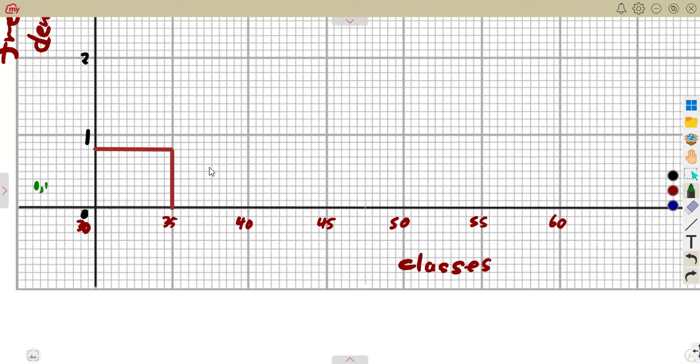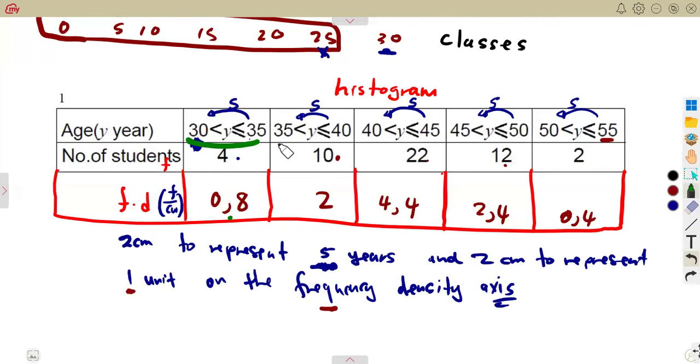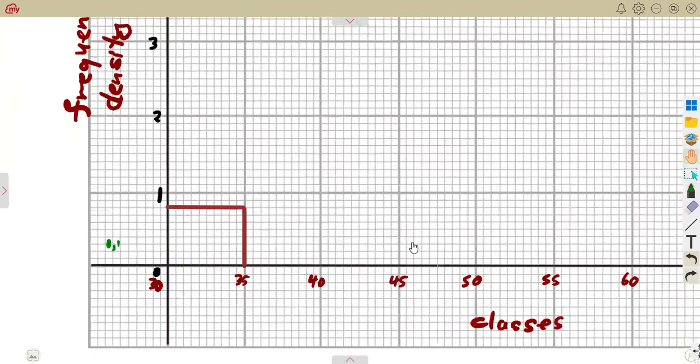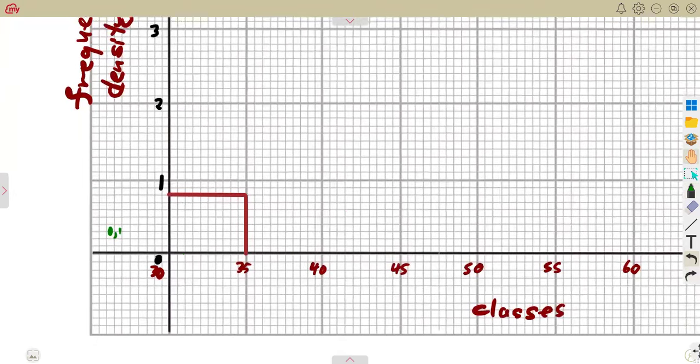Okay, you move on to another one: 35 to 40, the frequency density being 2. Remember, this is already frequency density, so it's going up to 2, going to 40.